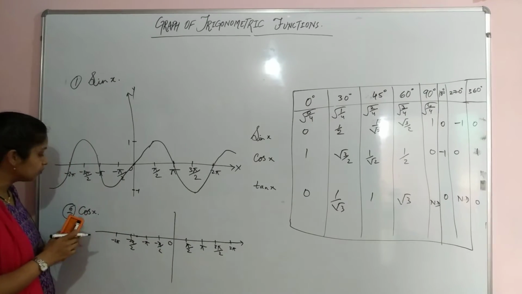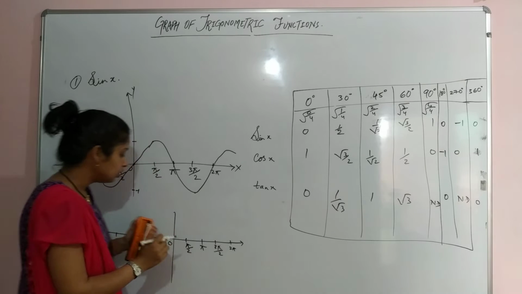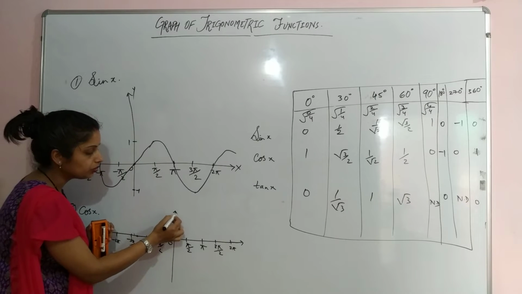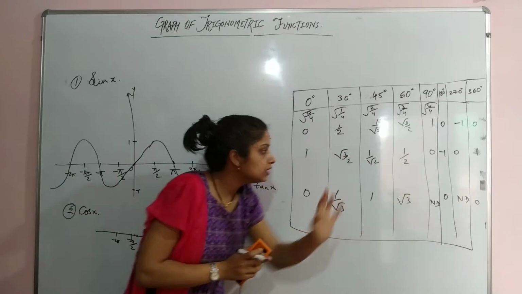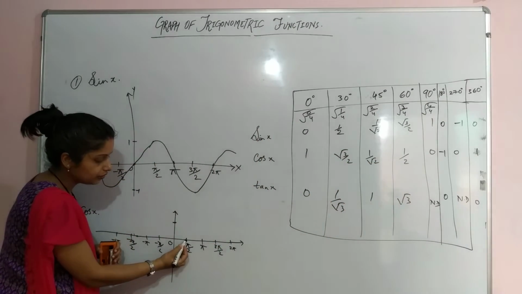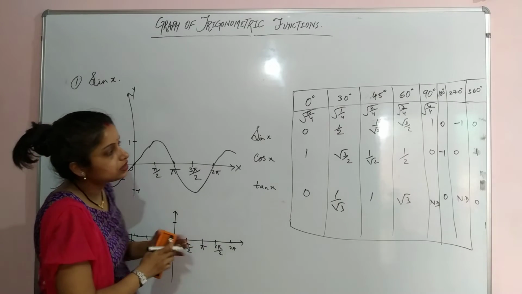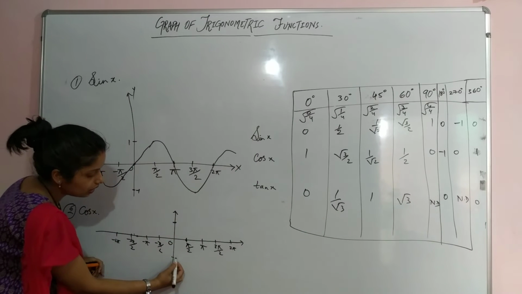Now let us take the cos value at x equals 0. This is 1. So here it is 1, and I am going to take this point. After this, cos pi by 2 will be 0. So it is 0 here. Then cos pi is minus 1. So minus 1 is downside.